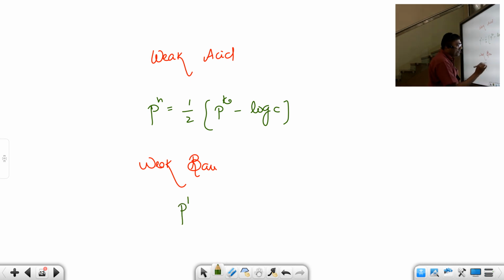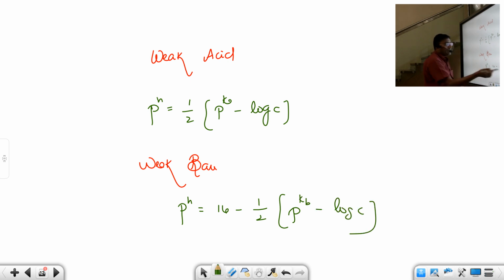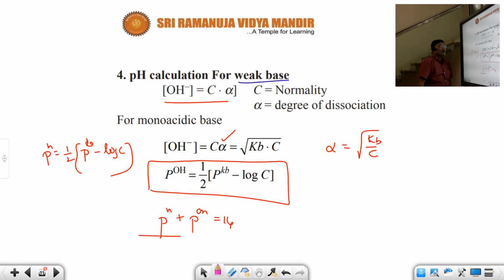The pH value is equal to 14 minus half pKb minus log C, because this is the pOH value, and pH is 14 minus pOH, as you have seen in the earlier discussion.